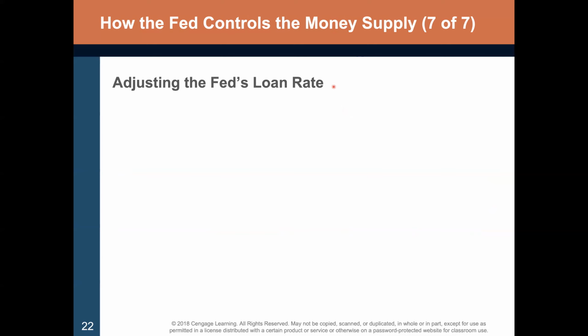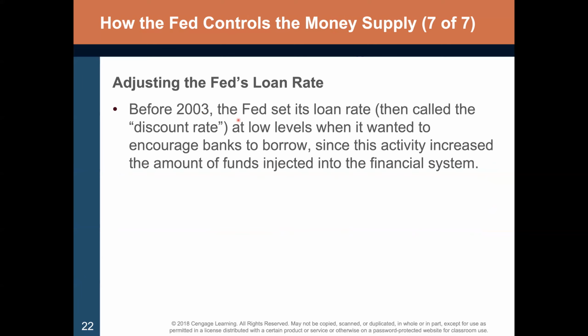The Fed also adjusts what is called the Fed's loan rate. Before 2003, the Fed set its loan rate, then called the discount rate, at low levels when it wanted to encourage banks to borrow. These are member banks that can borrow from the Fed, since this activity increased the amount of funds injected into the financial system.